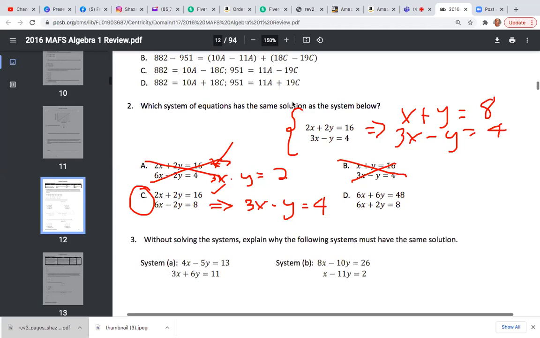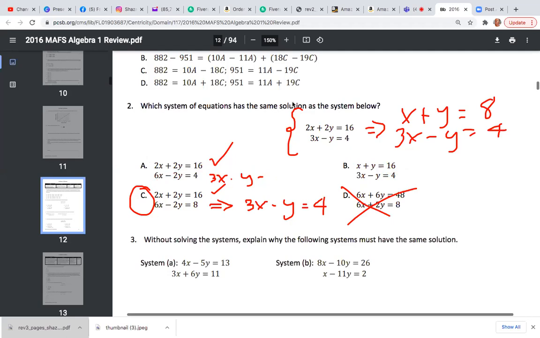But just in case you're not sure, look at letter D. For letter D, the second equation is addition, it's not even subtraction, so there's no way this could be the answer.